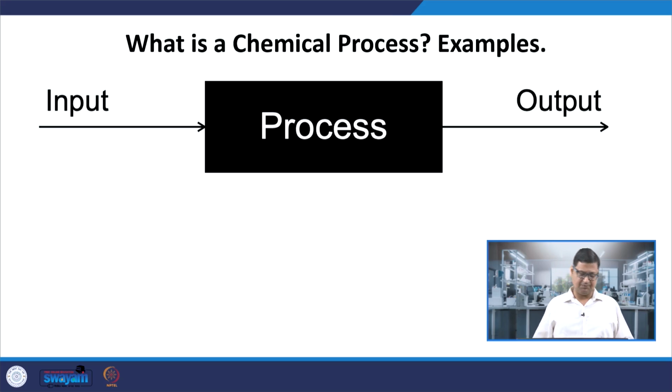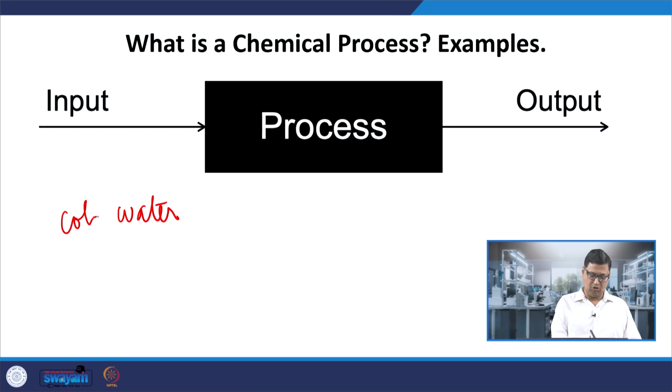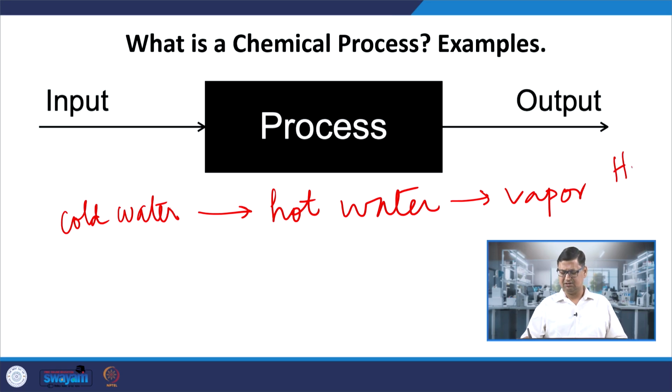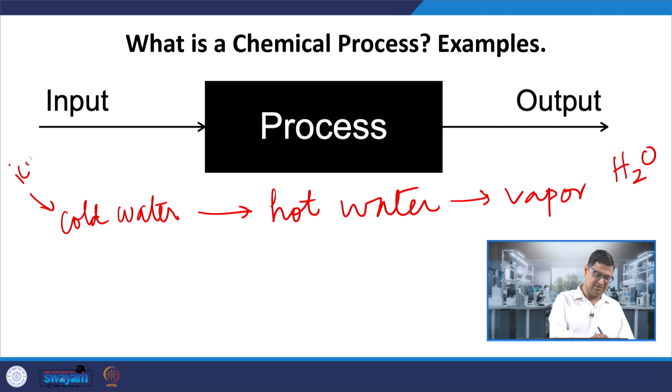For example, if you are heating water and you are going from cold water to hot water, the water chemistry has not changed. Even if, let us say, it becomes a vapor, the chemistry does not change, it remains H2O. In that respect, even if I start from ice, that is also the same molecule H2O, right?